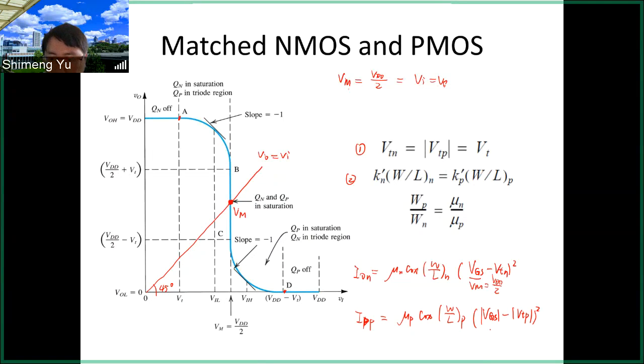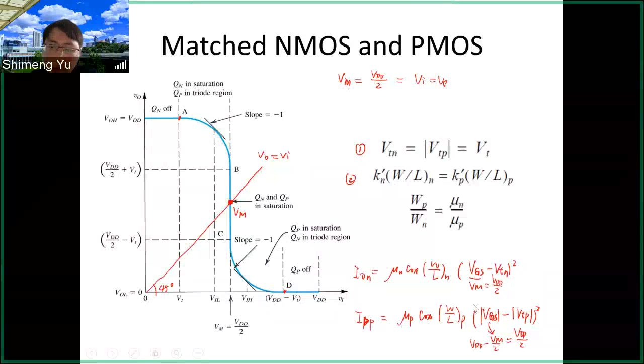So this one will be VDD minus Vm, because it's in the middle, so this is also half VDD. So you want to make sure those currents are the same, because they are in the same branch. So you can conclude that the coefficient here needs to be the same. That is the criterion here.